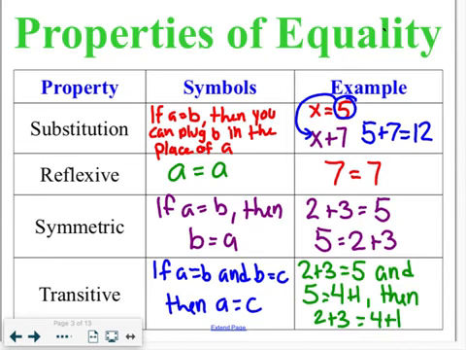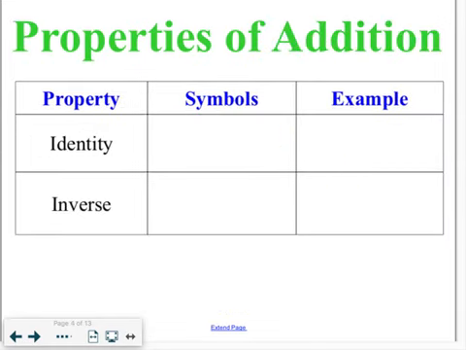So it just allows us to plug in information and switch out certain pieces of an equation as long as they're all equal.